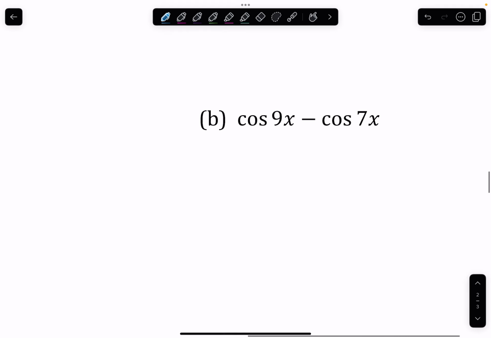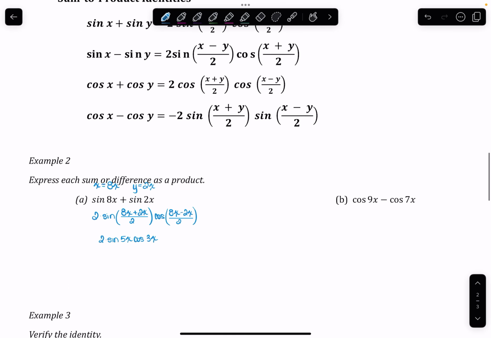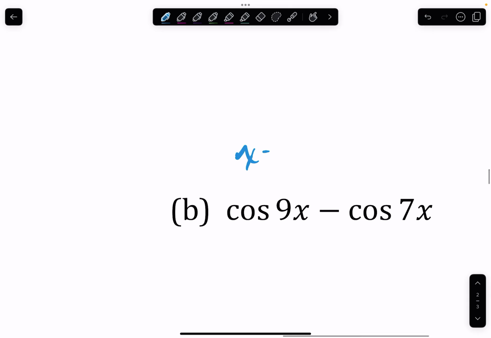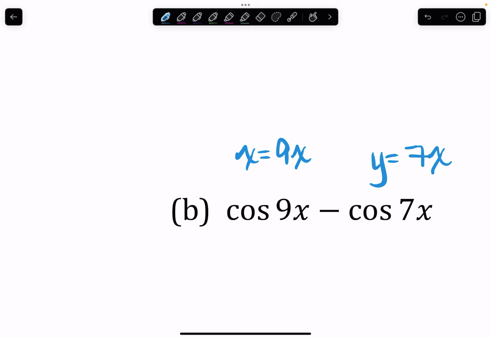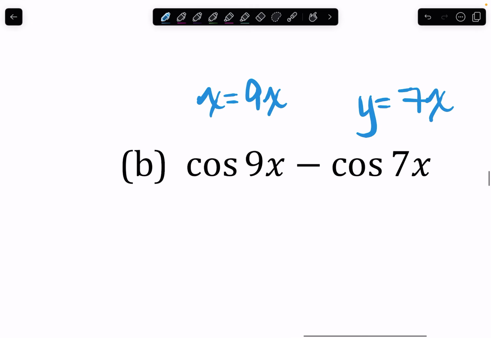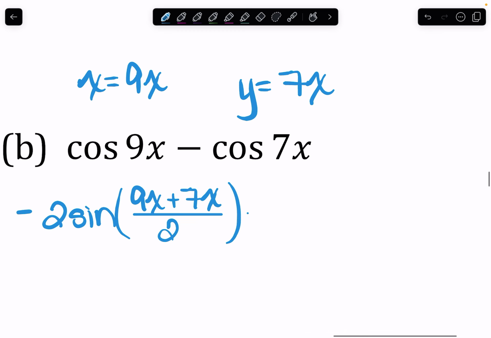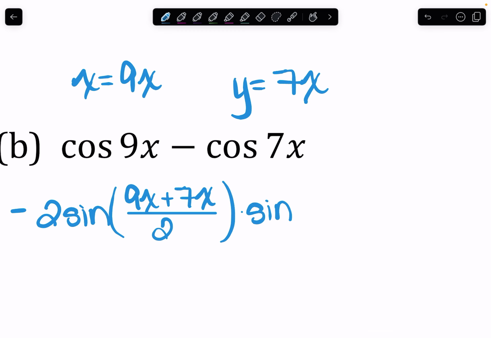For B, cosine minus cosine, so we're using the bottom one this time, since it's subtraction. So x is 9x, and our y, referencing the formula, is 7x. So cosine minus cosine is negative 2 sine of the sum over 2, so that would be 9x plus 7x all over 2, times sine of the difference over 2, so 9x minus 7x all over 2.